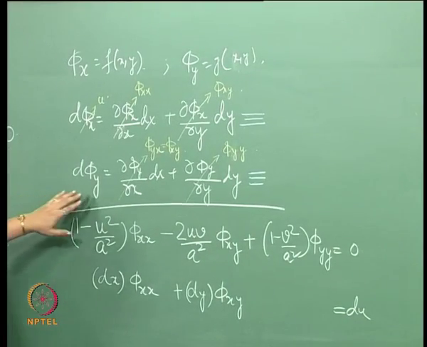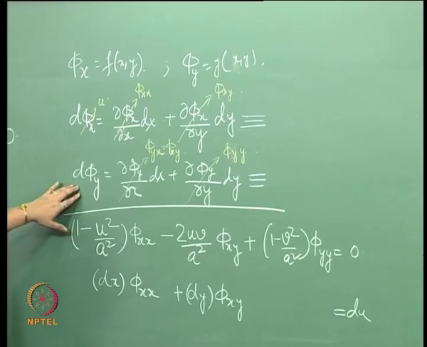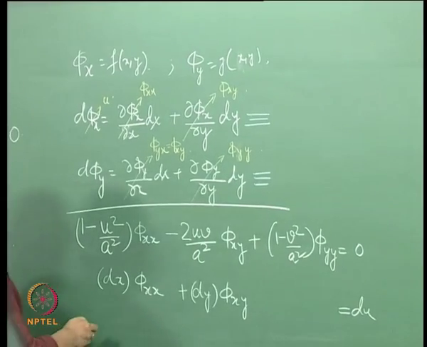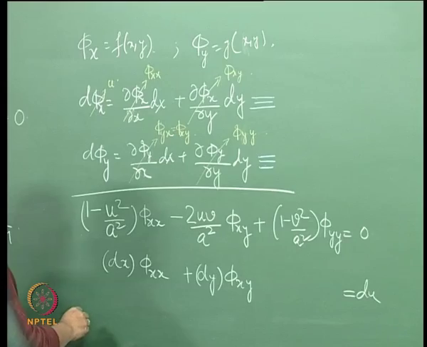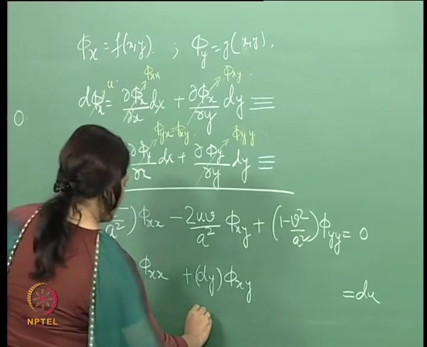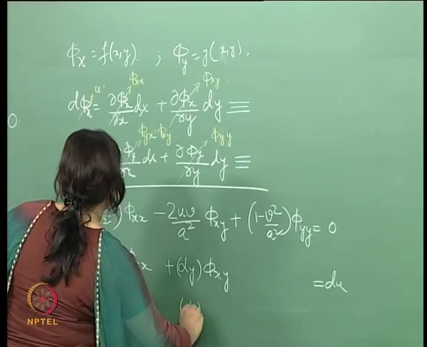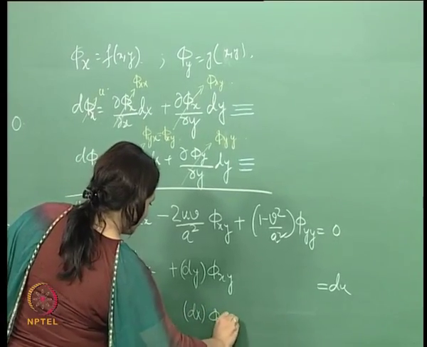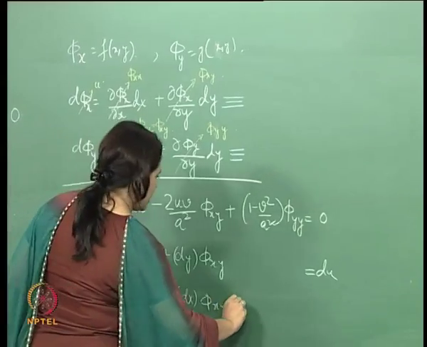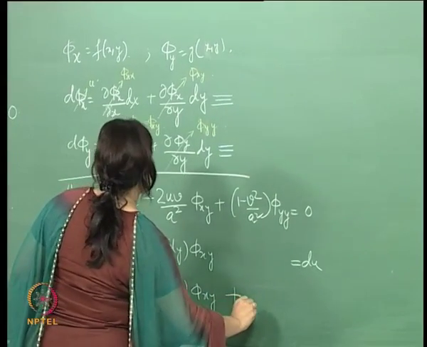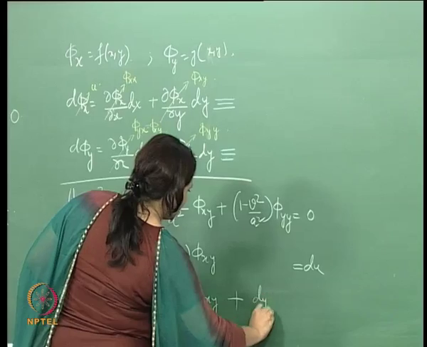Then we look at this equation here, and what we get is dx phi xy, plus dy.